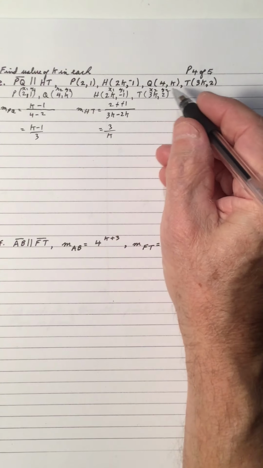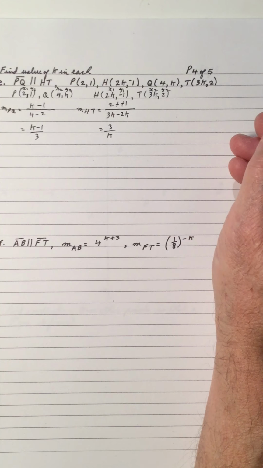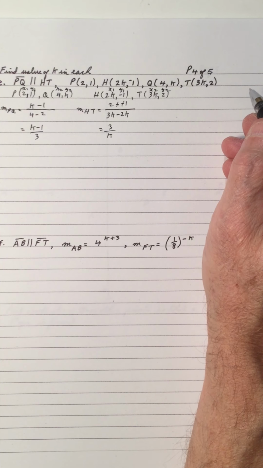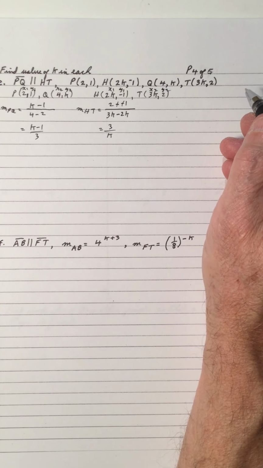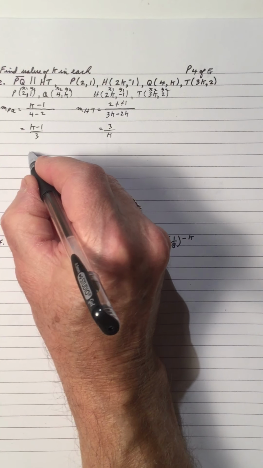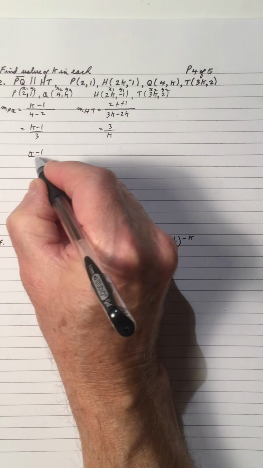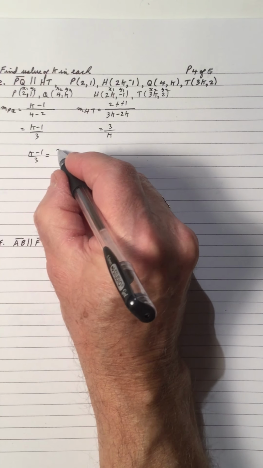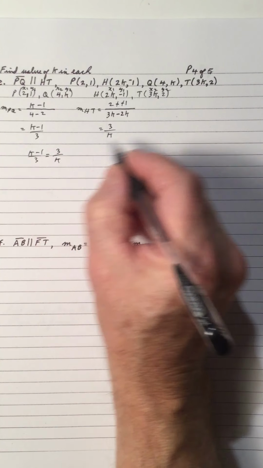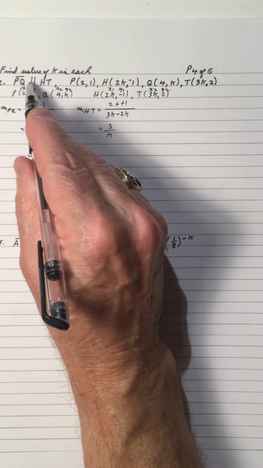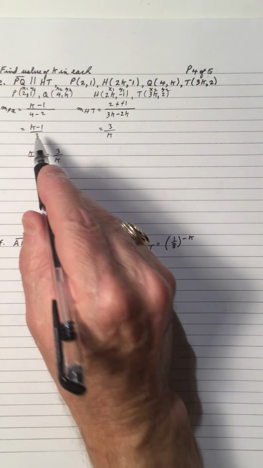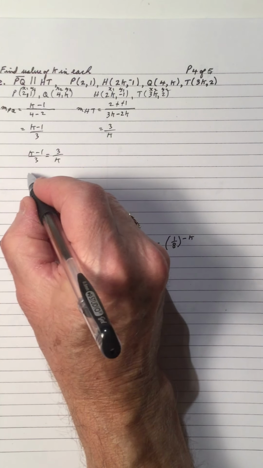Now, we have parallel lines, so that makes the slopes equal. So that means that we have k minus 1 over 2 is equal to 3 over k. Because they're parallel, these two slopes are equal, so we make these two equal. Cross multiply.